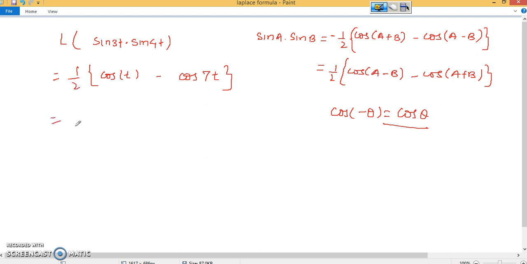So now Laplace we can find it here, 1 by 2 as it is, and cos t Laplace is s by s square plus 1, minus cos 7t Laplace is s by s square plus 49, 7 square, that is 49.